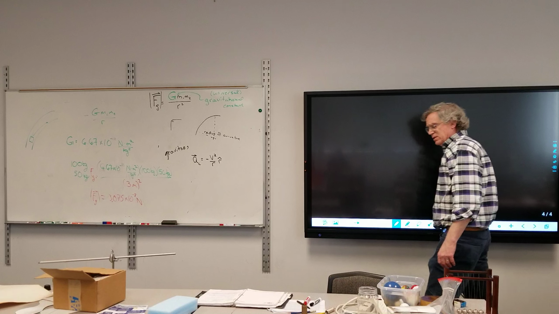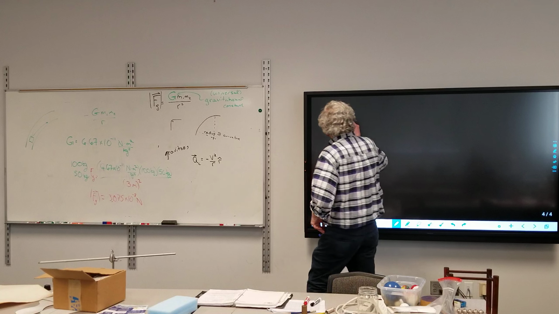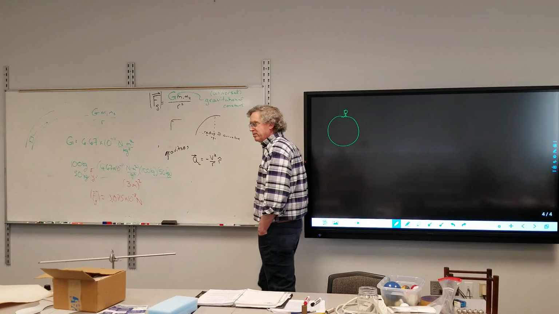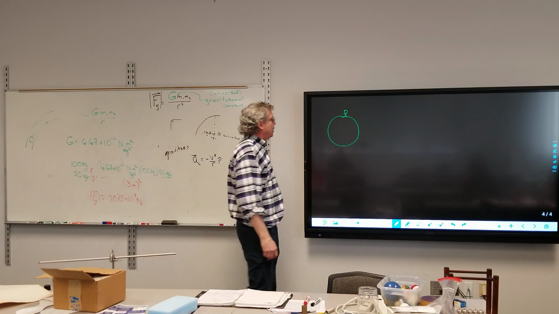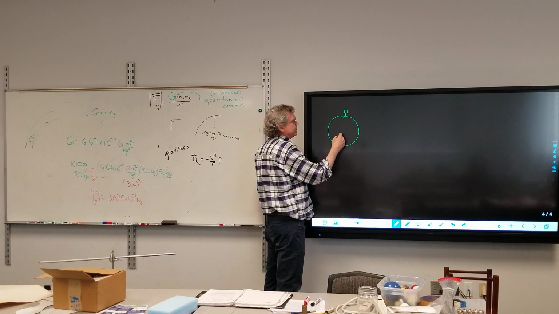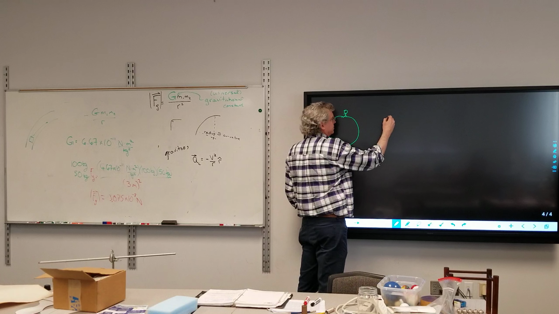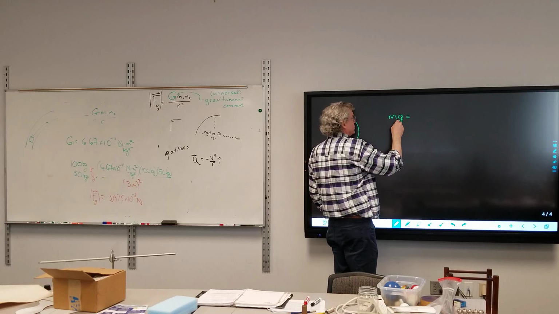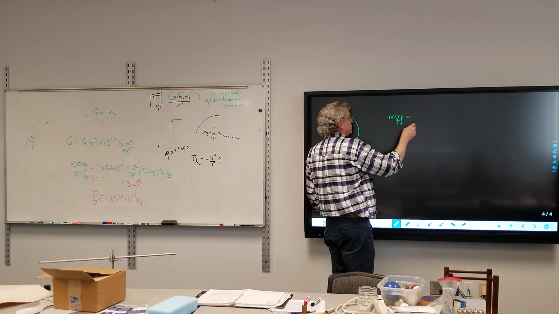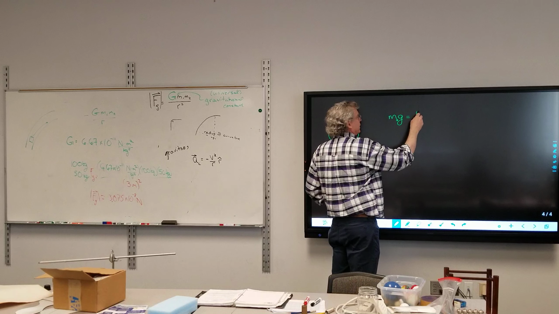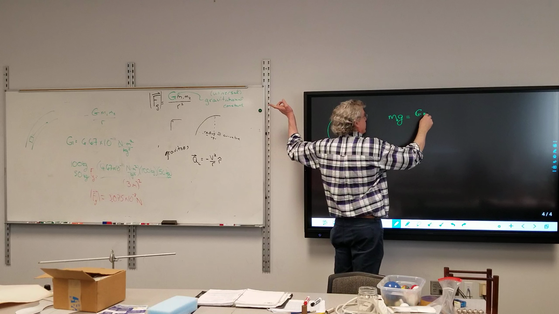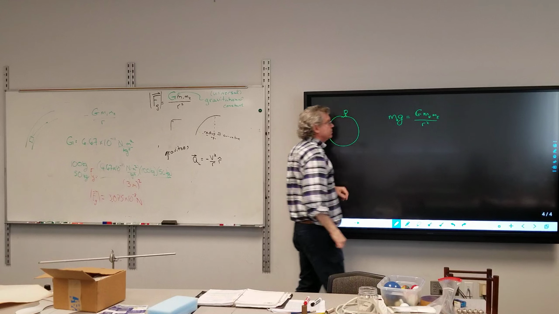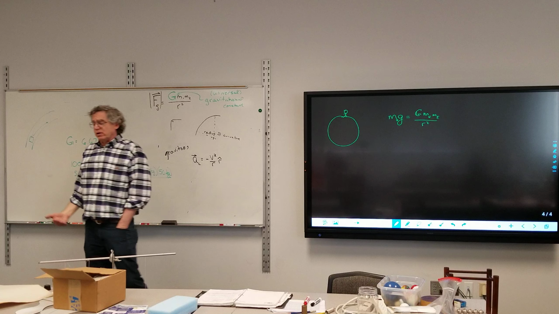So if I'm standing on the Earth, I know that my weight is mg, but it also could be, with the mass of George, equal to that formula: G times mass of George times mass of Earth over r squared. They should be equal to each other, whichever formula I use.